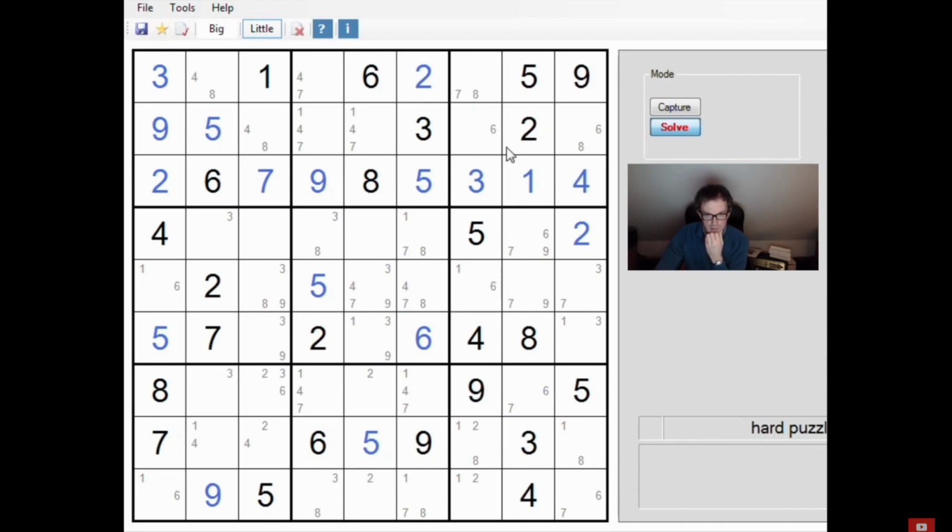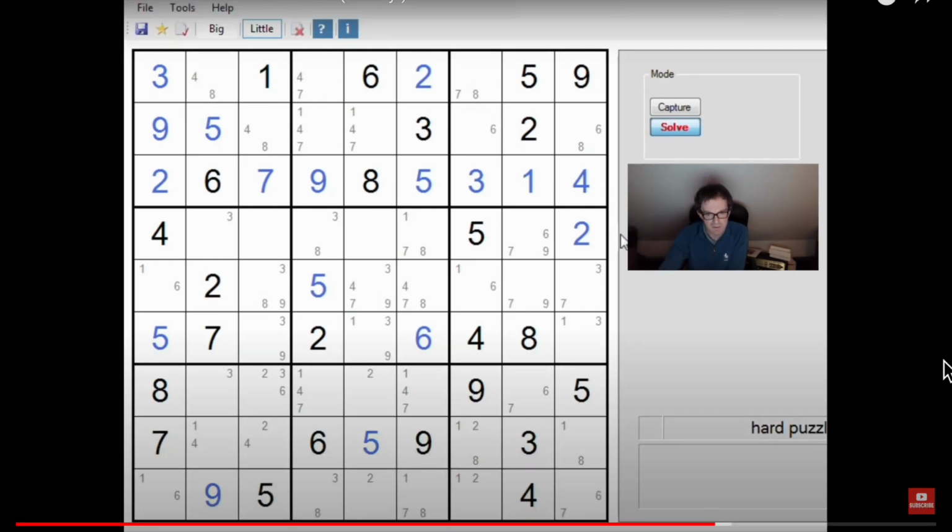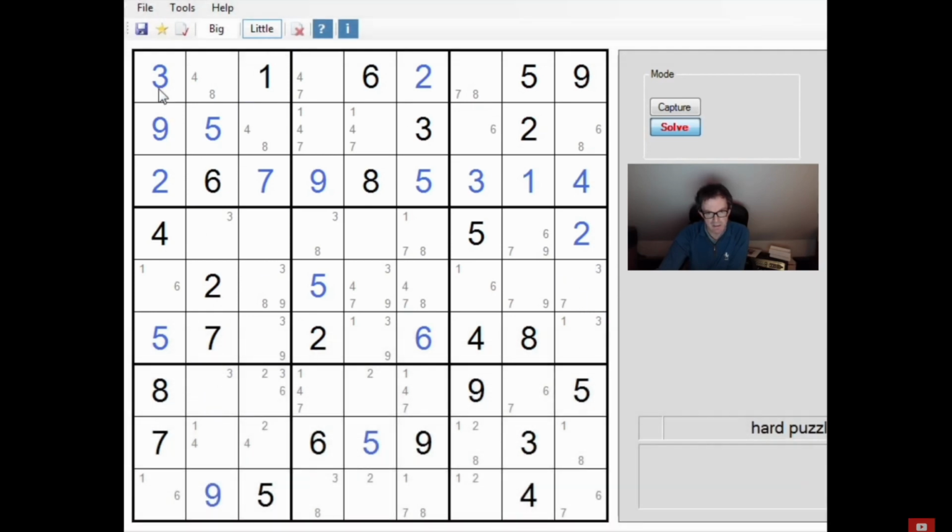I think what I would probably be doing is trying to force a chain to give me a contradiction again. But as I'm scanning around the grid here, I'm struggling to see quite how to do that now.